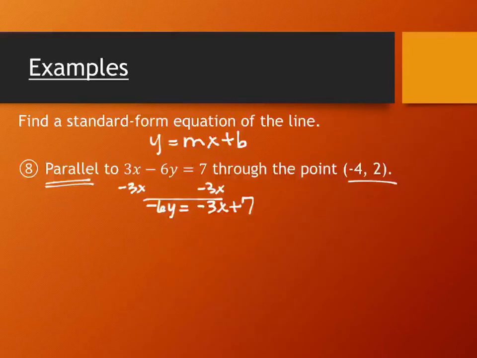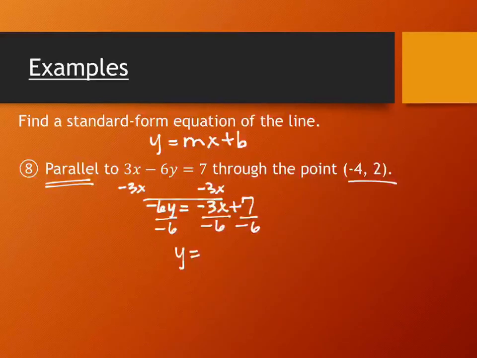And then what would be my other step? Divide by 6. Yeah, we would divide by negative 6 on both sides. In particular, we divide every term, and that's fine. I don't really care that I get a negative 7 over 6 as the y-intercept. It's irrelevant. I care about the slope.